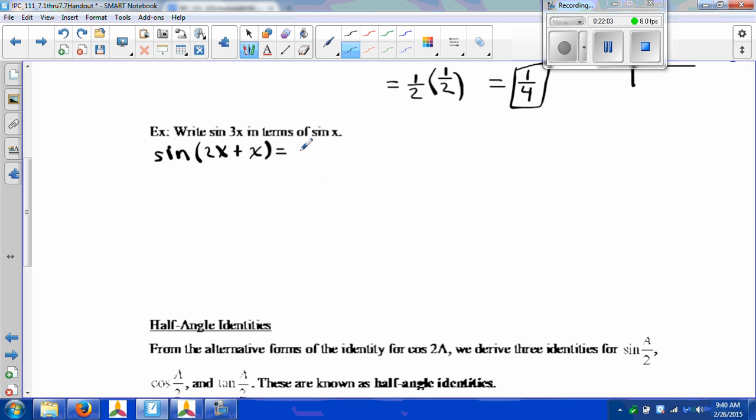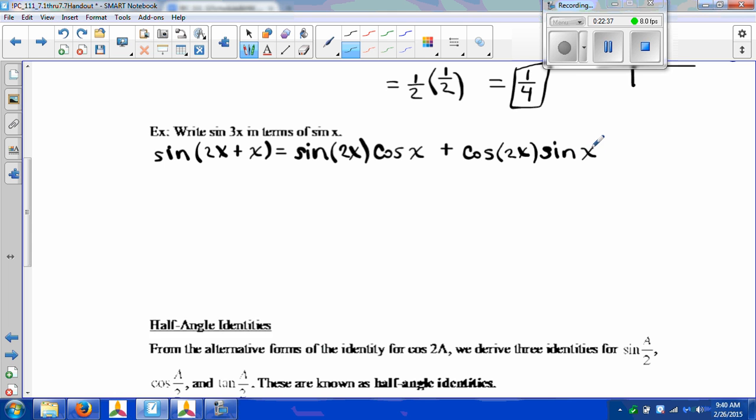So we're going to use the addition formula. Sorry, so that was right. That is, the sines keep the same sign, cosines cooperate. So it's the sine of 2x cosine x plus cosine 2x sine x.